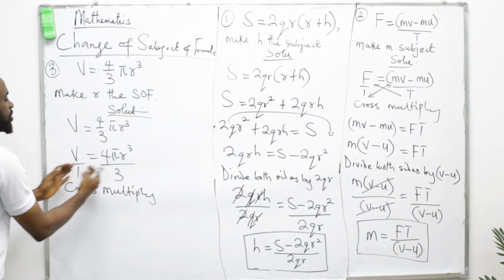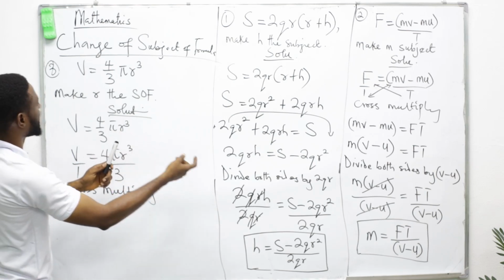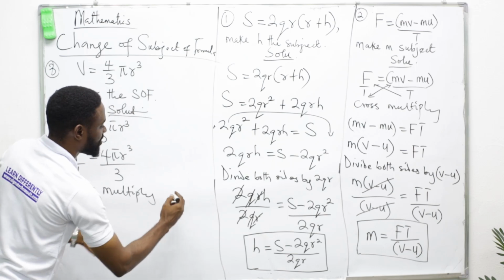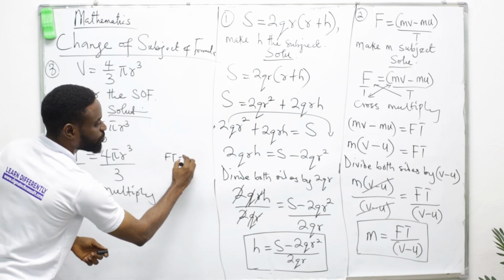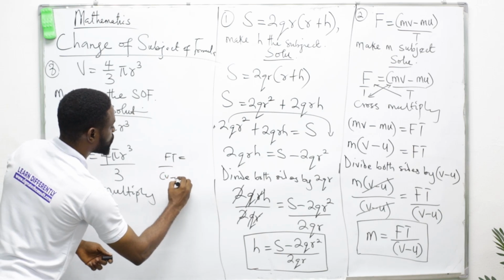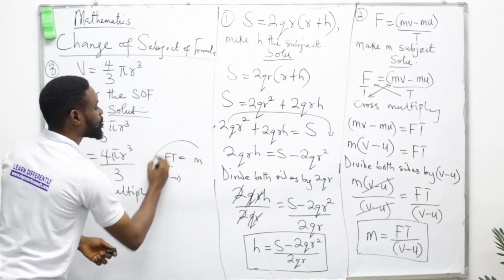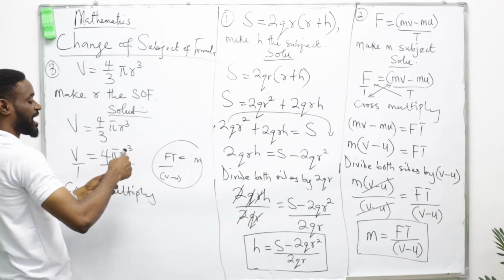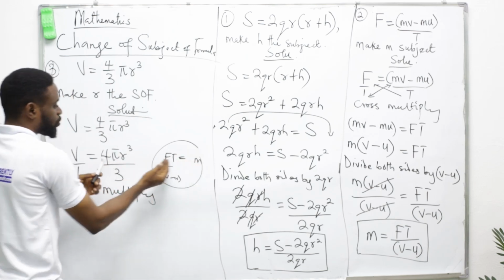It does not mean that if you keep your subject on the other side, like in FT equals M times V minus U, that it is wrong. This is also correct, but I like my subject to always be this way.